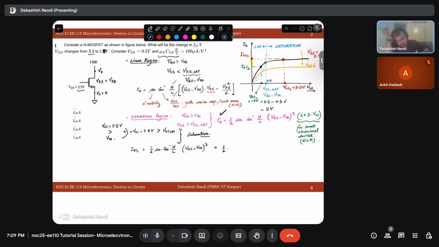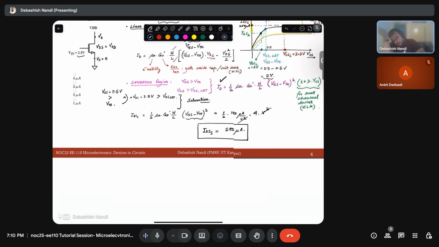So half times 100 microampere per volt square times VGS minus VTH, which you have calculated to be 2 volt, so it will be 4 volt square. So this gets cancelled, and now you have 200 microampere. Okay, so your IDS1 is 200 microampere.